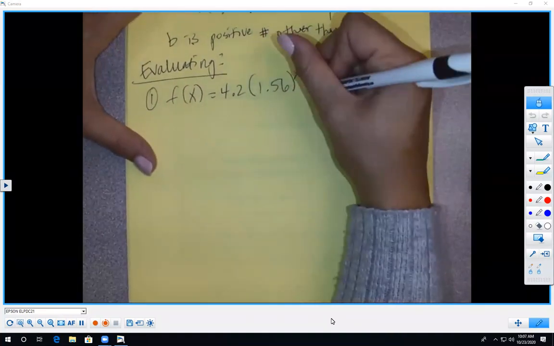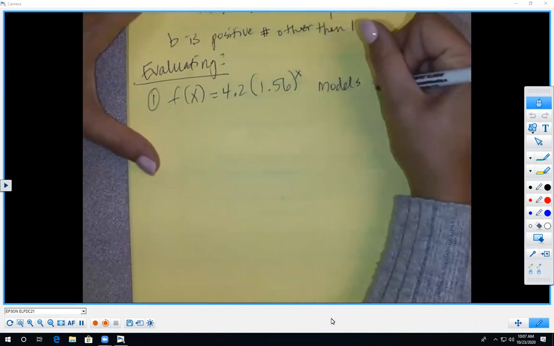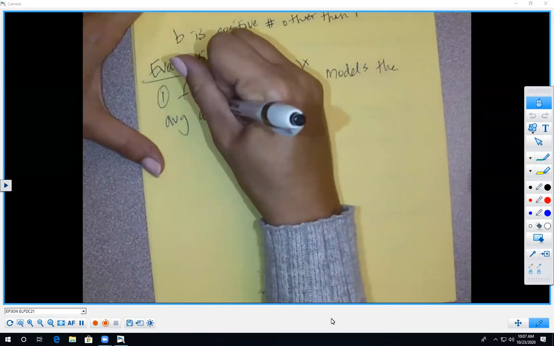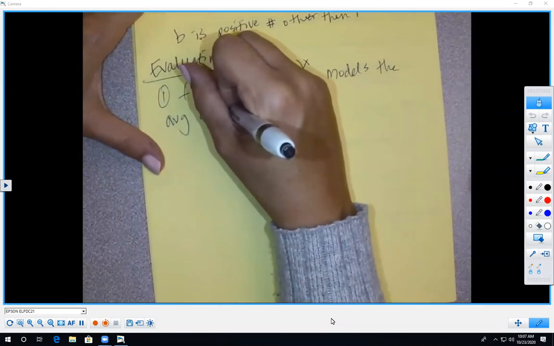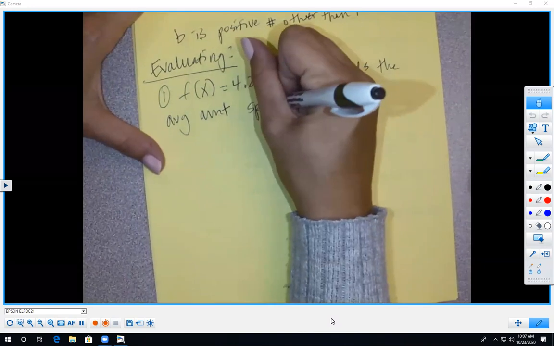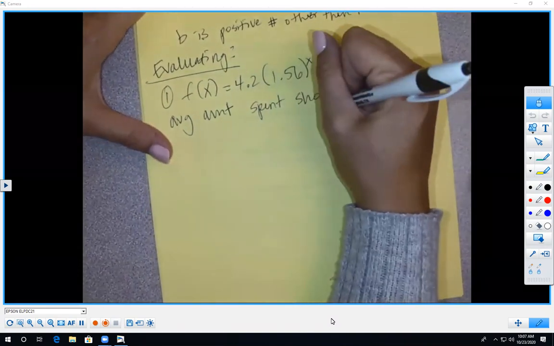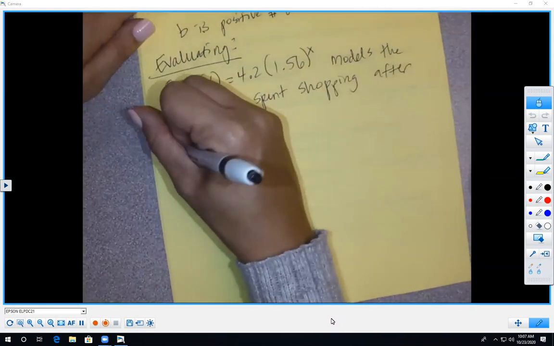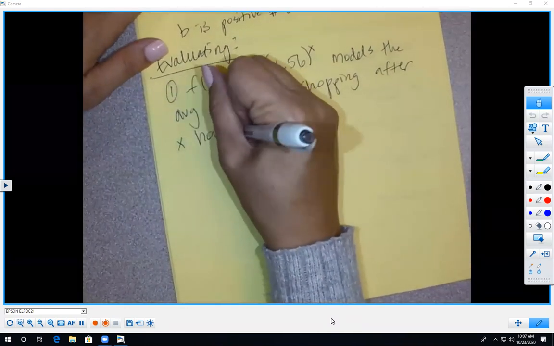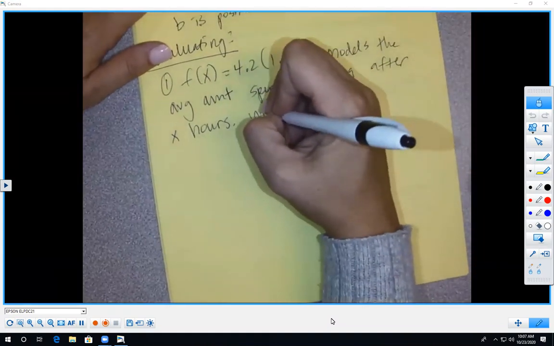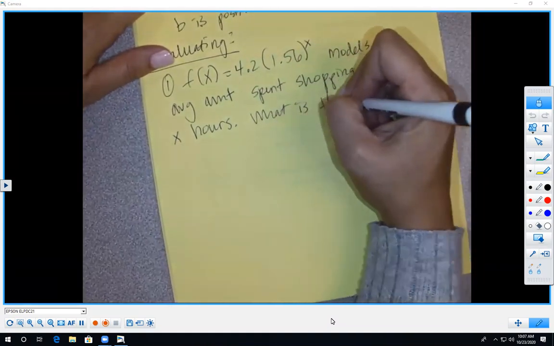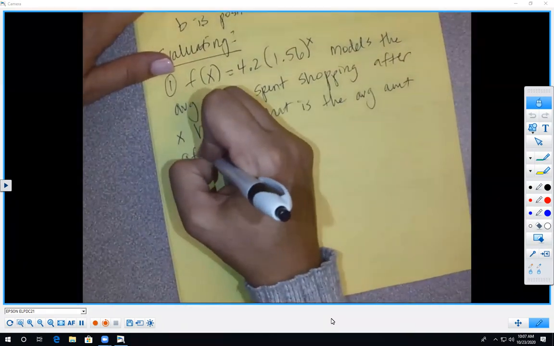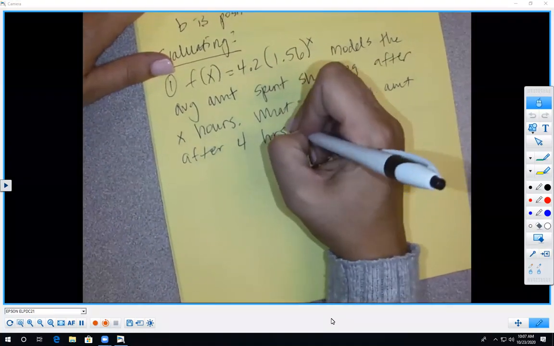We said that function models the average amount that you spend shopping after x hours. And our question is, what is the average amount after 4 hours?